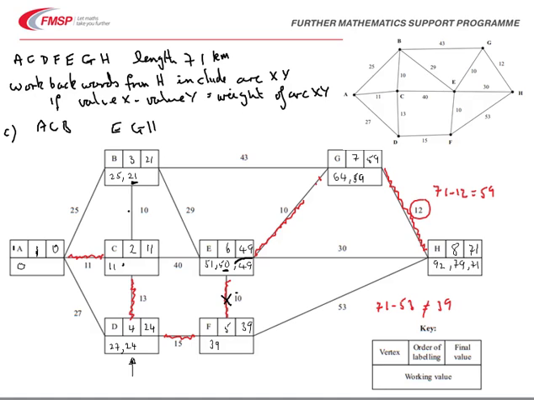So instead of the 49 there, we've now got 50 to get us from A to E. So it goes A, C, B, E, G, H, and the length, instead of 71 kilometers, is going to be an extra 1, so the length is now equal to 72 kilometers.